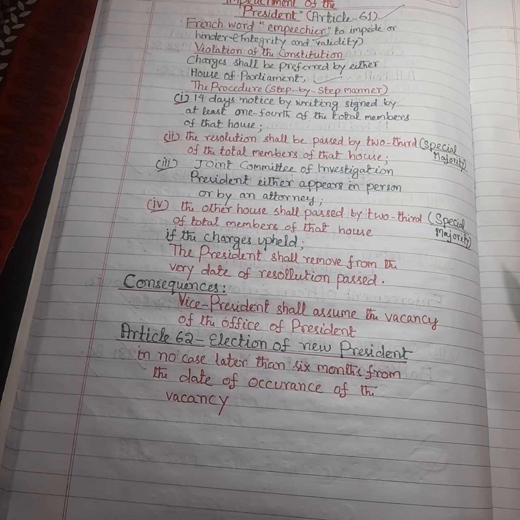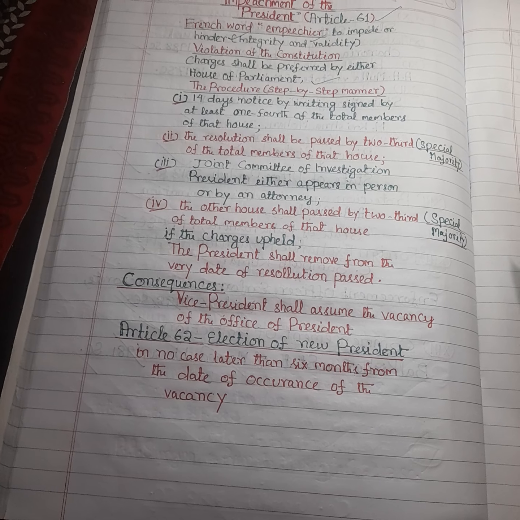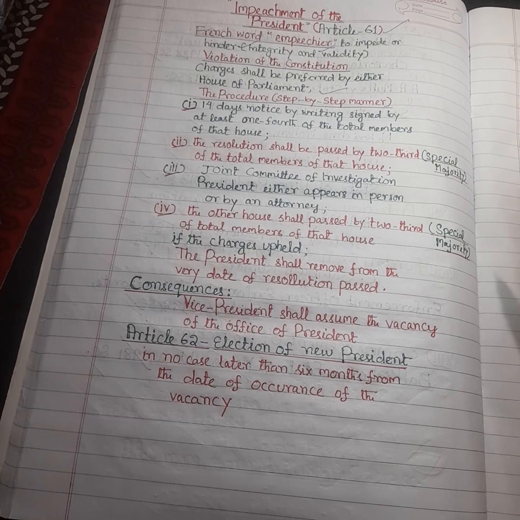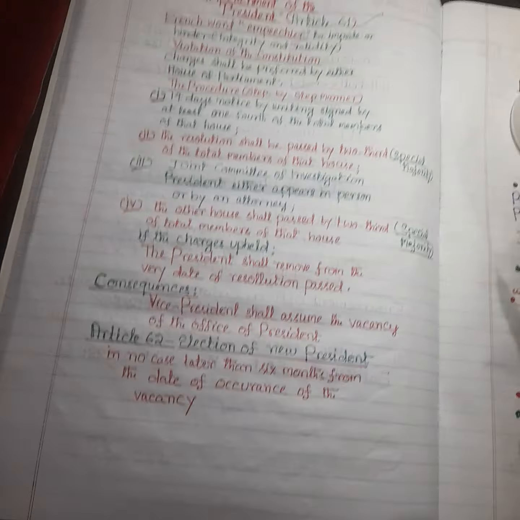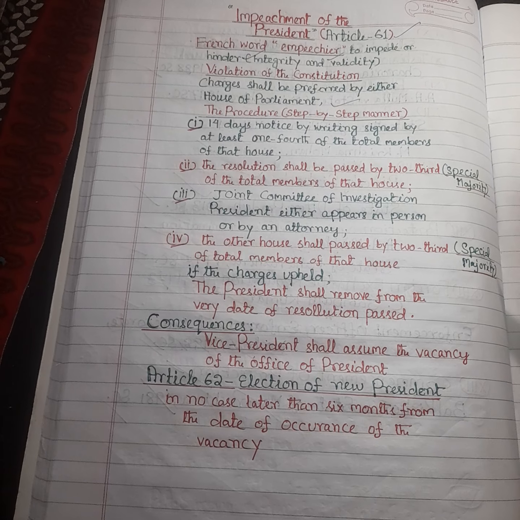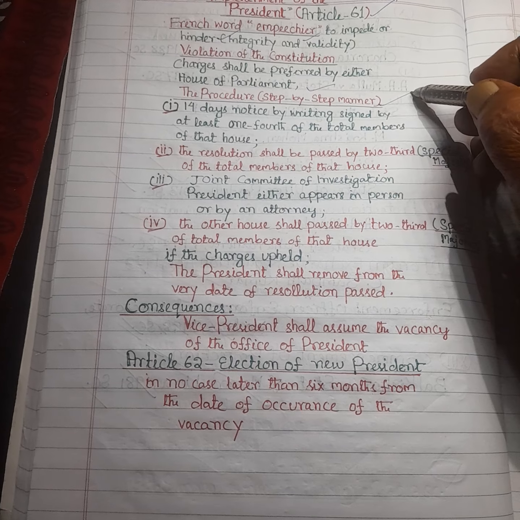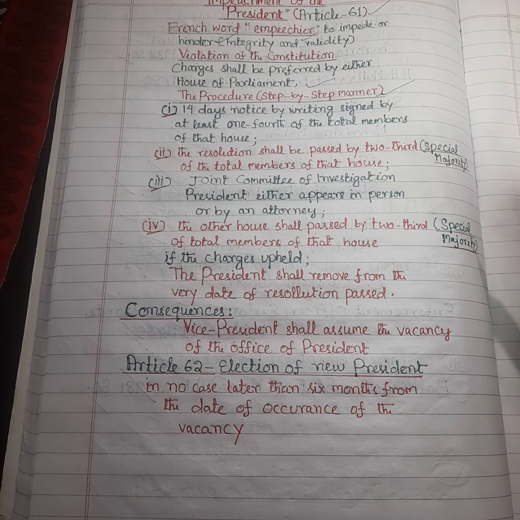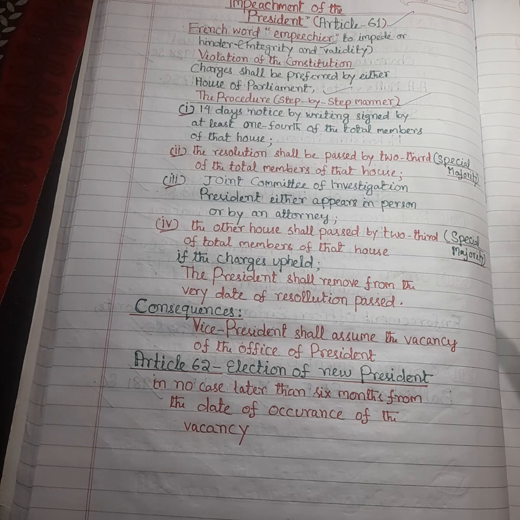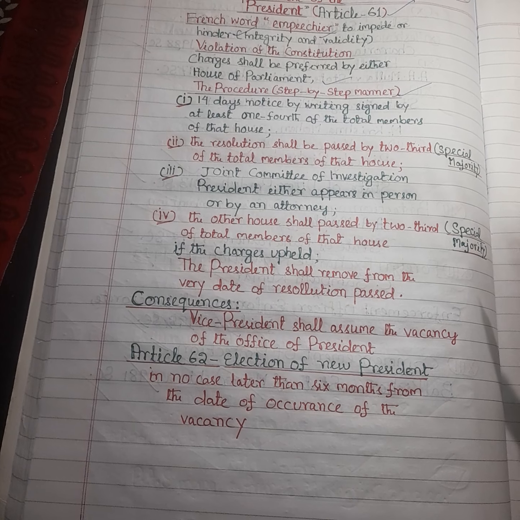For the procedure and manner of impeaching the President of India, certain procedures are to be followed as provided under Article 61 of the Constitution, and such procedures must be followed step by step, and in that way the President could be removed from his office by the procedure of impeachment as provided under Article 61.